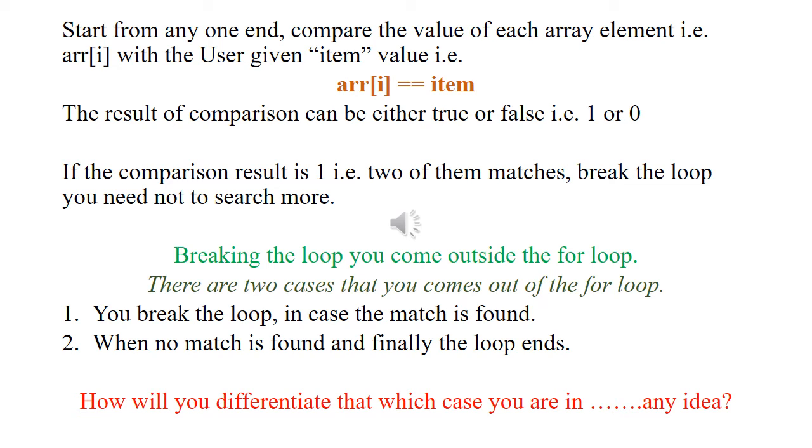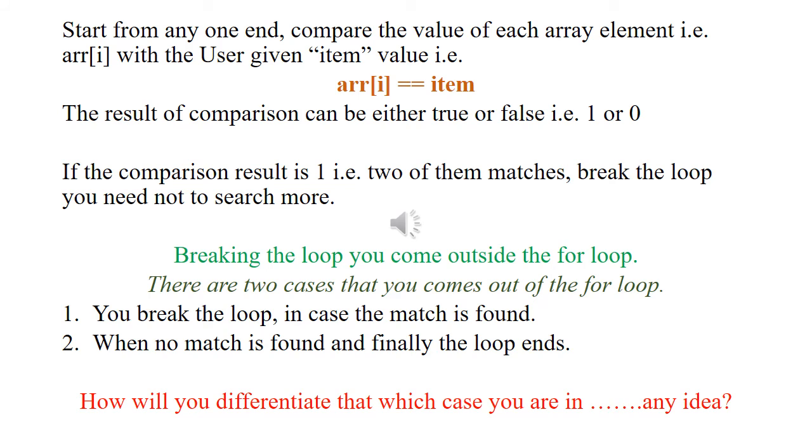And second is you didn't break the loop, the number of iterations are completed, and you are out of the for loop. So the question arises, how will you differentiate which case you are in? Means you are out of the for loop, how will you decide whether the loop was broken by you or the loop finally ended?